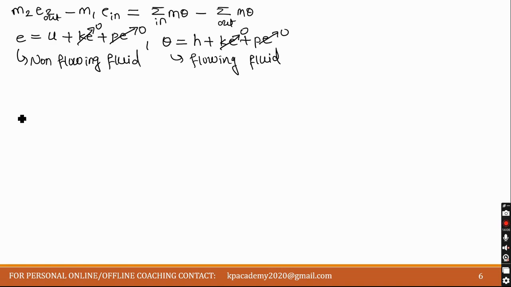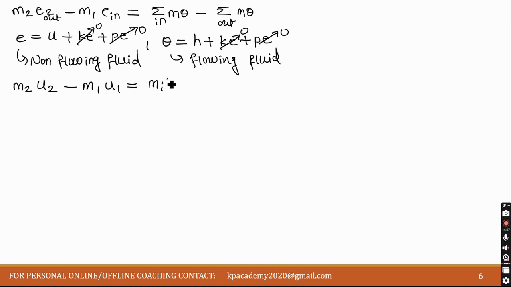Okay, right? So now if we got this value, we can rewrite the initial equation, right? So what is that? m2, now E2 is there, so from the E2 we have U2 now, so it is m2 U2 minus m1 U1, isn't it? So U1 equal to summation of mi hi, because theta becomes only h, right?